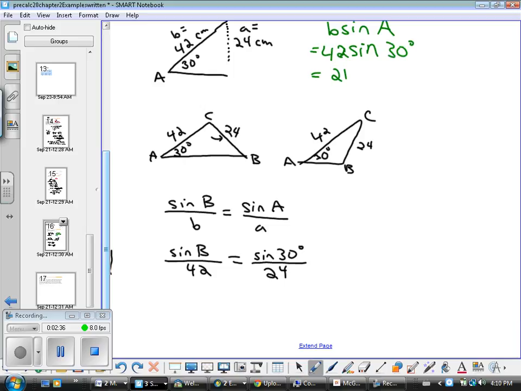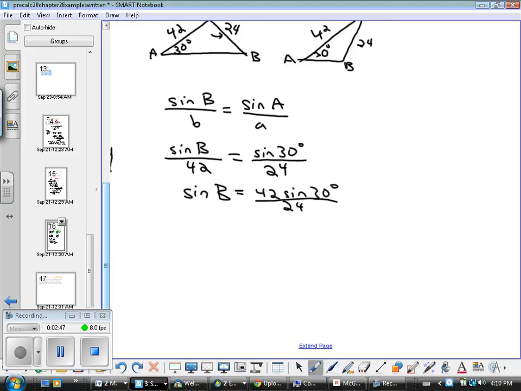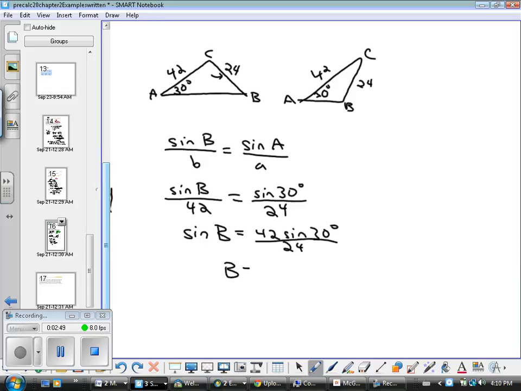Put that all into your calculator, take the inverse sine, and you'll find that your calculator returns a value for angle B of 61 degrees.